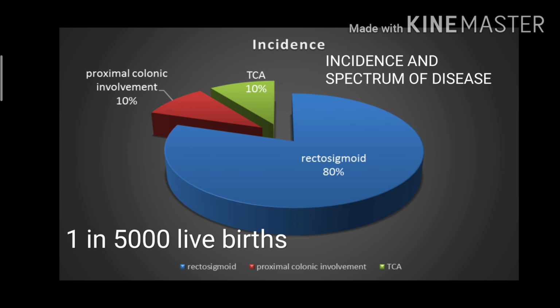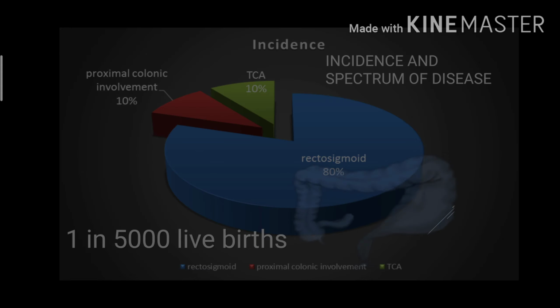So there are different types of Hirschsprung's disease. One is HD involving the rectosigmoid junction or below the rectosigmoid junction, which occurs in more than 80% of the cases, and a few of them are ultra short Hirschsprung's disease, which we will come to. And next is the proximal colonic involvement or the long segment HD in 10% and total colonic aganglionosis in 10%.